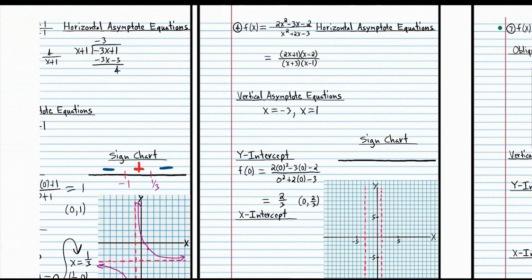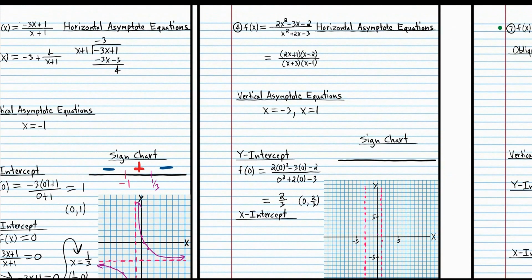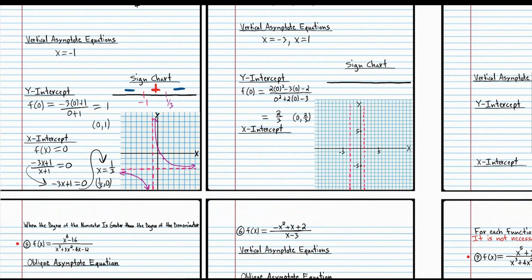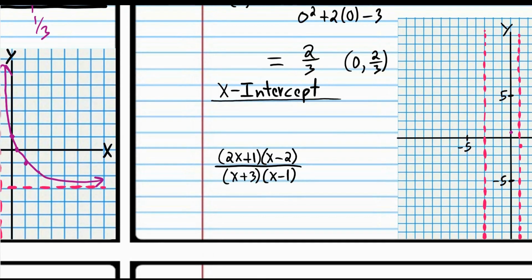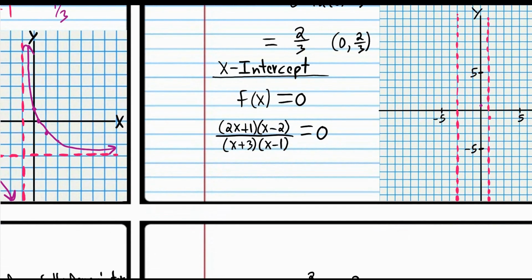Now let's find the x-intercepts. We can see the x-intercepts by looking at the factored form. To find the x-intercepts, we have to let the y value of the function equal 0 and solve for x. In order for the fraction to be 0, the numerator has to be 0.